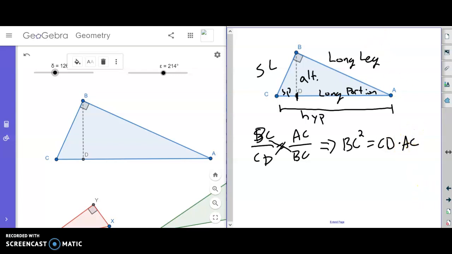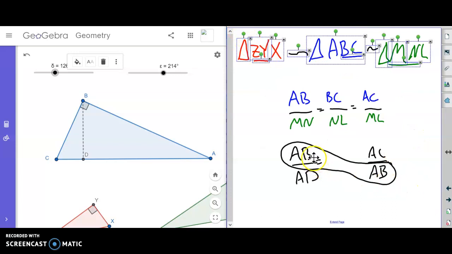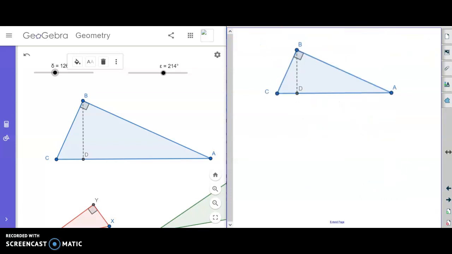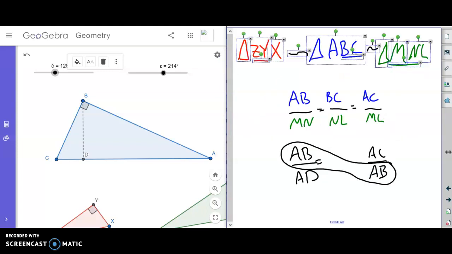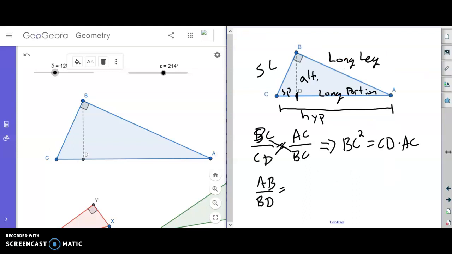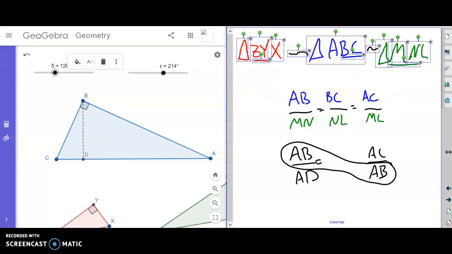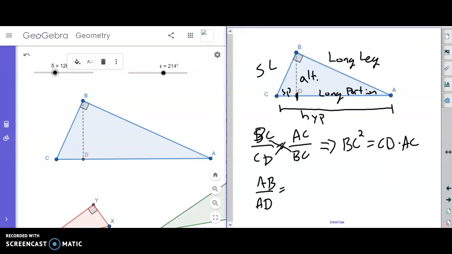But if we look at the next one, they're very similar. I have AB over AD equals AC over AB.